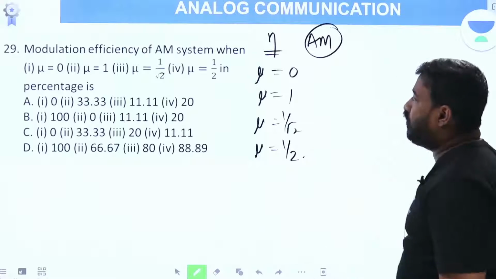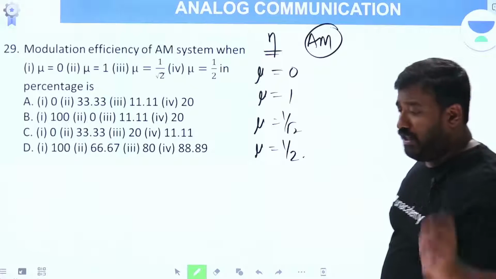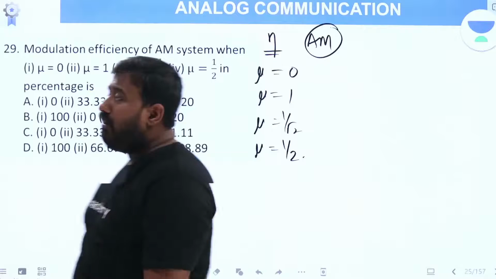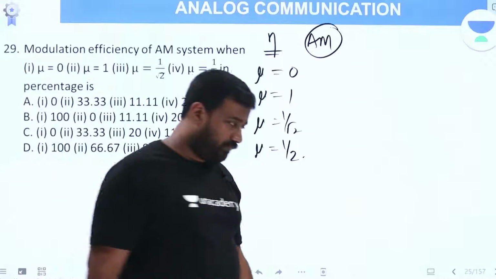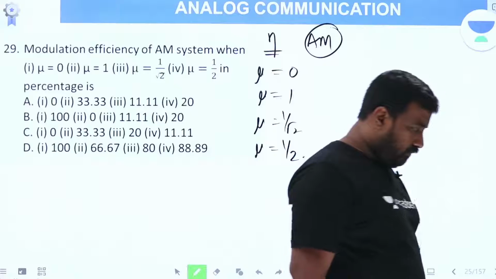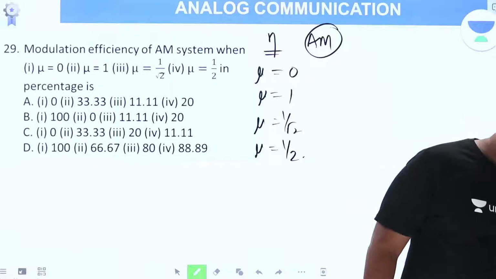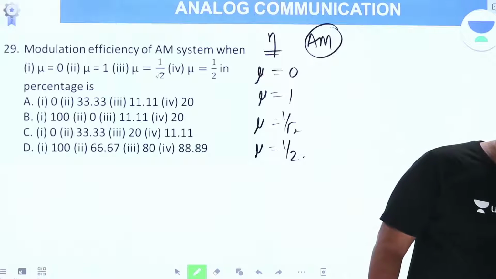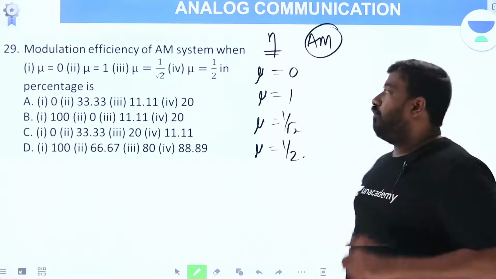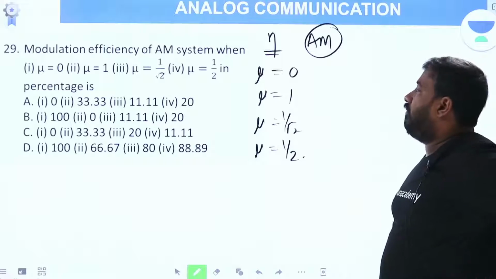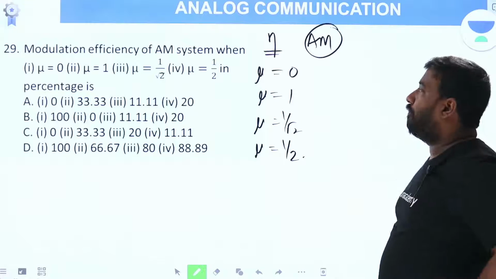In these cases, I should find the modulation efficiency. Please pause the video, try to solve, then resume the video.